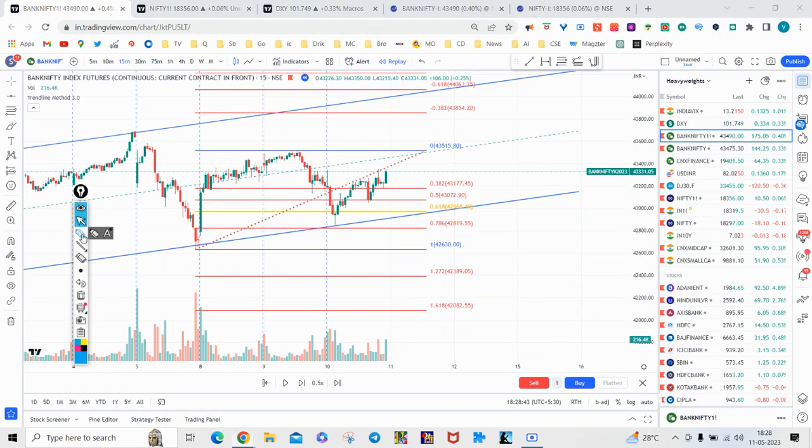Yesterday, the price took support and closed healthily above the 0.382 level. So this was a healthy retracement.